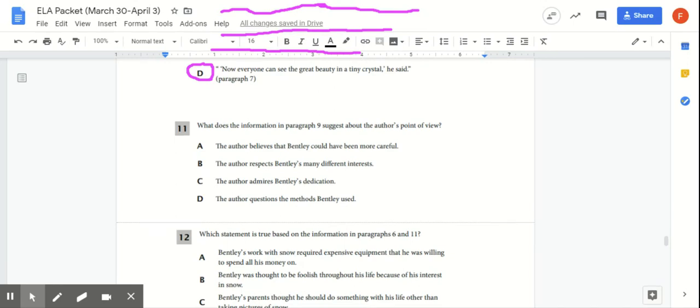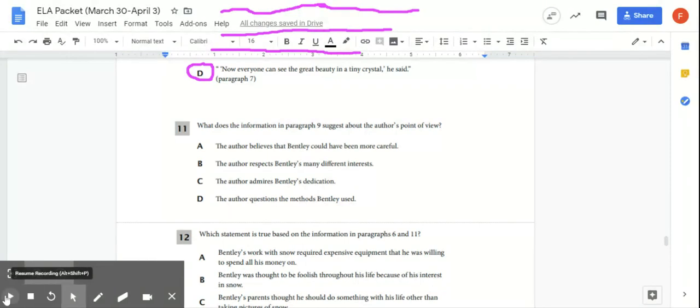Question 11. What does the information in paragraph 9 suggest about the author's point of view? A, the author believes that Bentley could have been more careful. B, the author respects Bentley's many different interests. C, the author admires Bentley's dedication. D, the author questions the methods Bentley used.